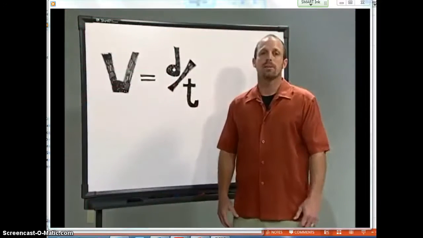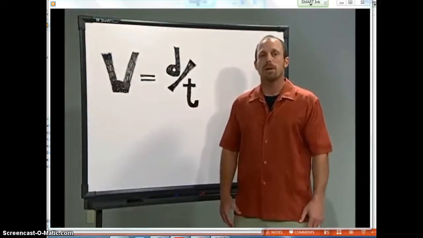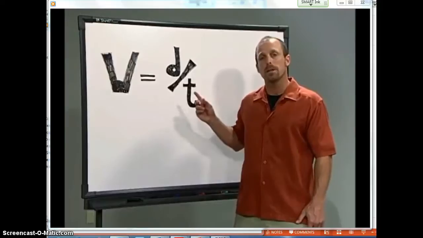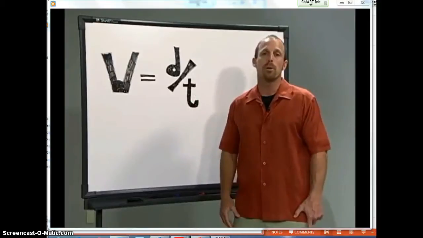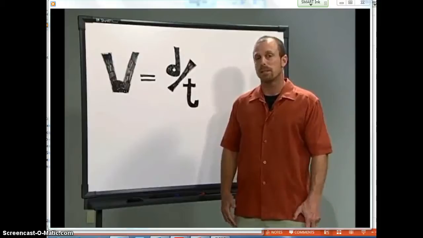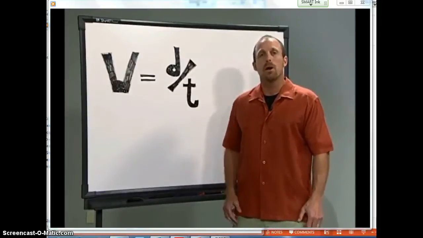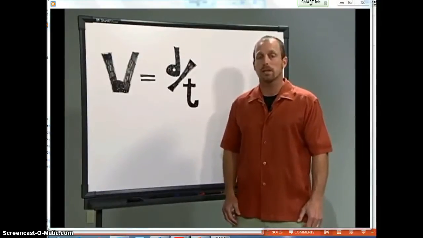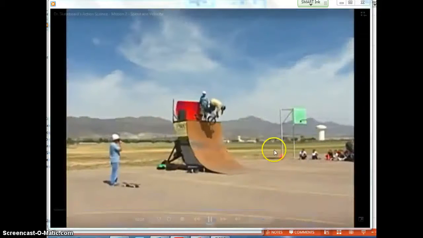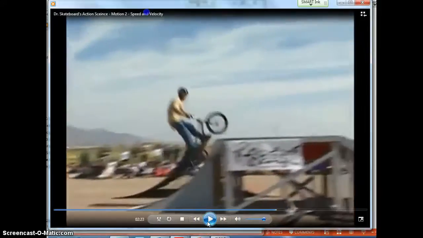So velocity is different than speed in that velocity requires a direction, yet both speed and velocity can be calculated using the equation v equals d divided by t. It is also important to remember the units of measure associated with the variables. Distance can be measured using centimeters, meters, or kilometers, while time can be measured using seconds, minutes, hours, or even years. For instance, let's see how you might solve a problem as it applies to a BMX.